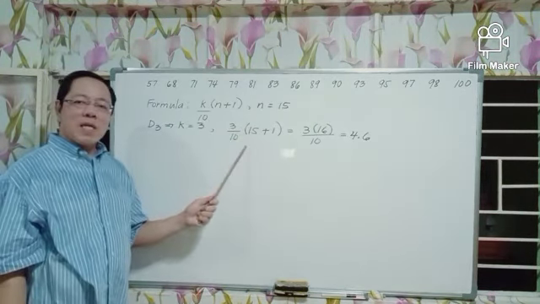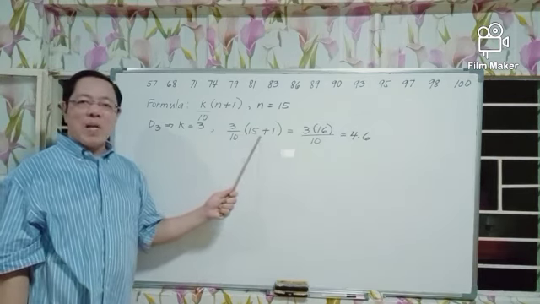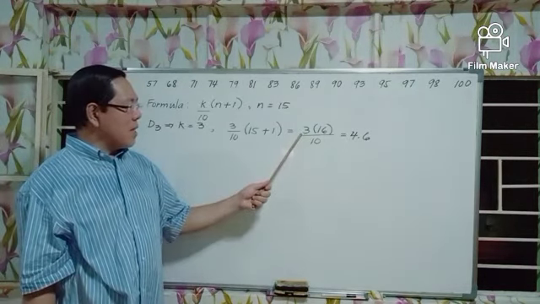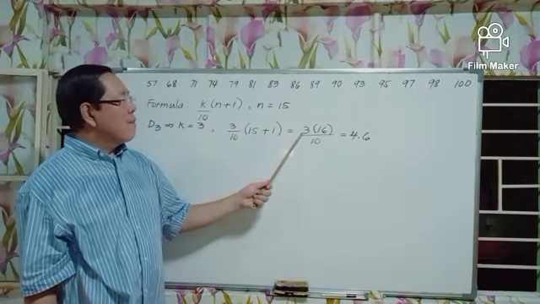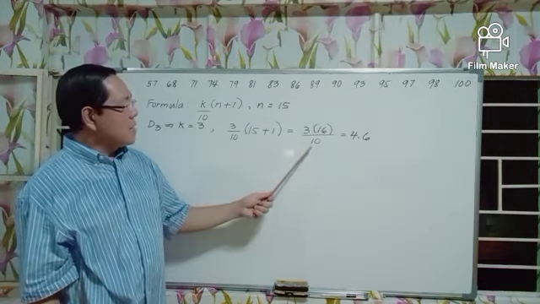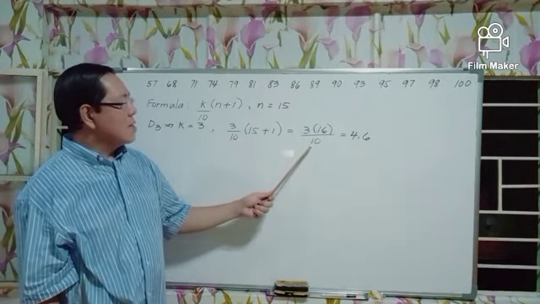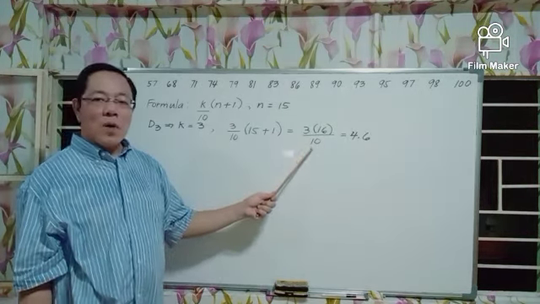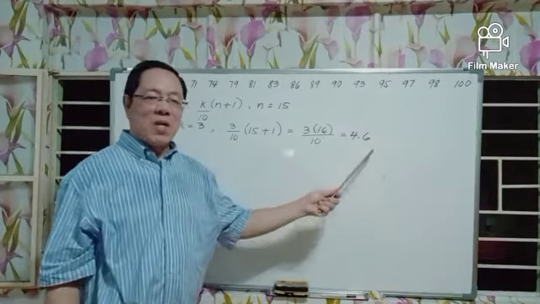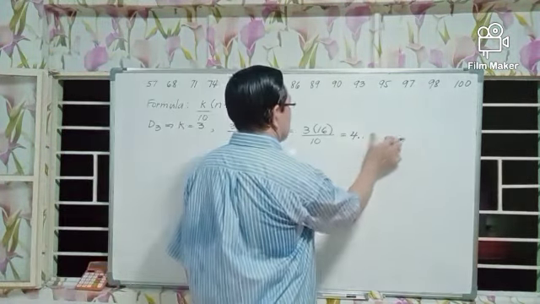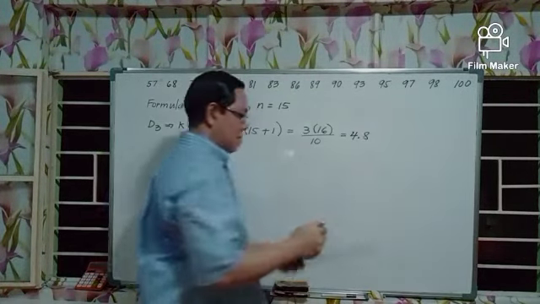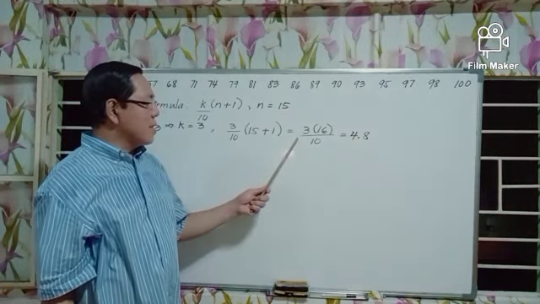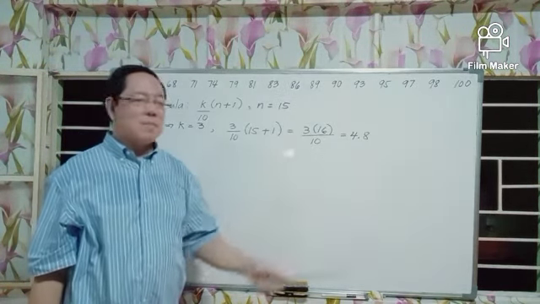We have 3 over 10 multiplied by the quantity 15 plus 1. And 15 plus 1 is 16. Multiplied by 3 is 48. Divided by 10 is 4.8. Or 16 divided by 10 is 1.6, multiplied by 3 is 4.8.